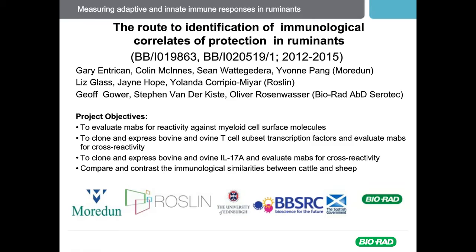That particular objective I'm not going to describe in detail today, but I will mention how we progressed it towards the end. We also set out to clone and express bovine and ovine IL-17A and evaluate monoclonal antibodies for cross-reactivity. And then to compare and contrast the immunological similarities between cattle and sheep.